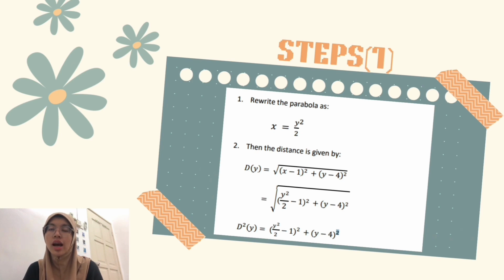And then to eliminate the square root, I will square both sides of the equation, and it will become d² = (y²/2 − 1)² + (y − 4)².